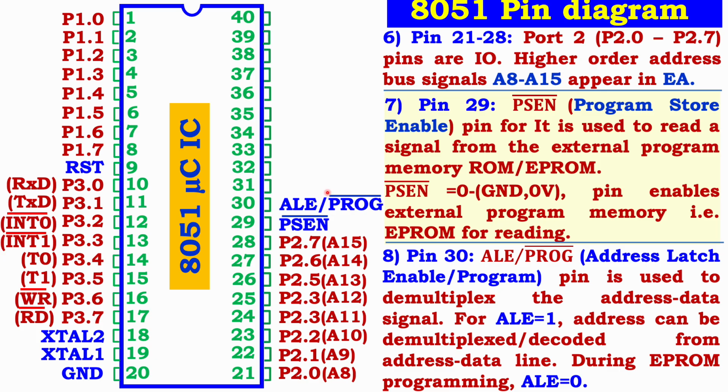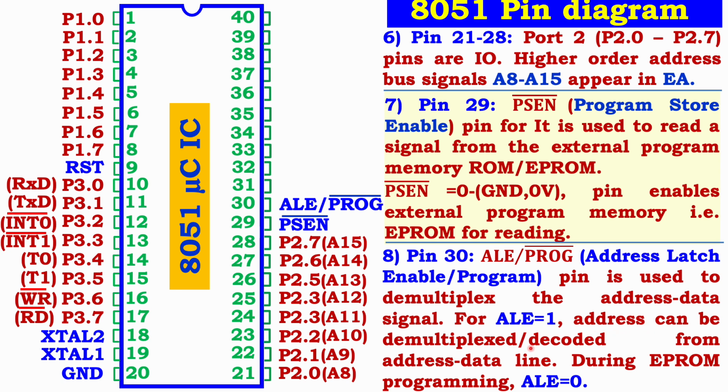To take this address, we require the signal at pin number 30, called address latch enable, ALE. That pin is used to demultiplex the address data bus signal from the AD bus. If we set ALE equal to 1, what happens now?